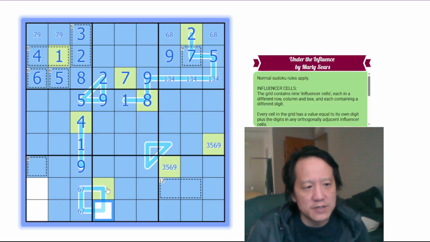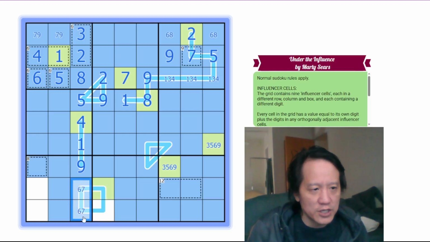So basically, these are going to be canceled out here. So these two must add up to 13 also, right? Because this adds up to 13, but the value of this line here is equal to 13 plus this value, if that's the influencer. It could be either side, it doesn't matter.